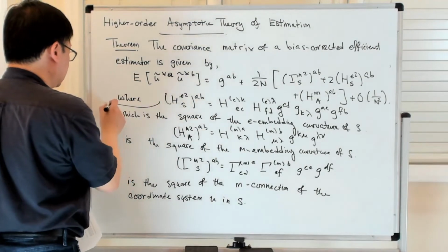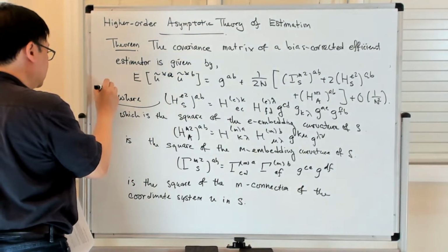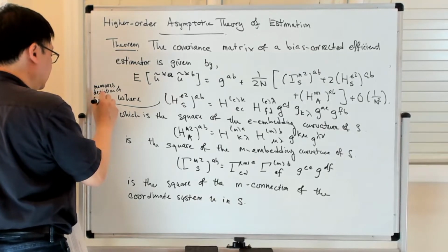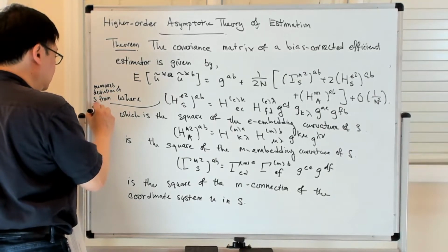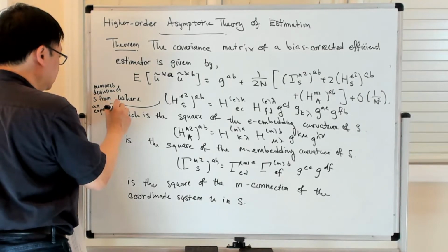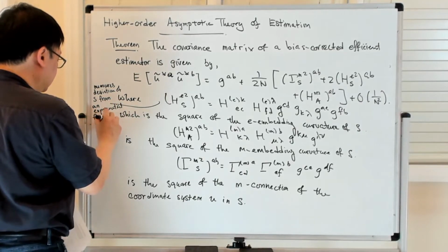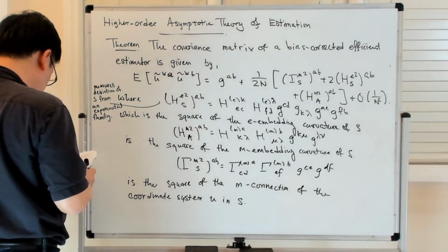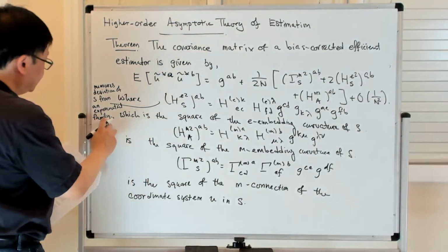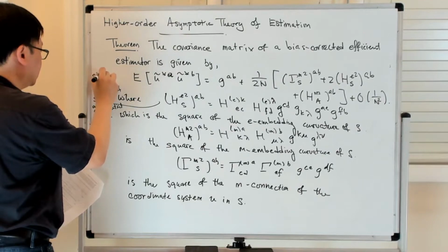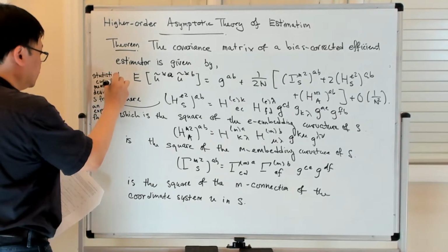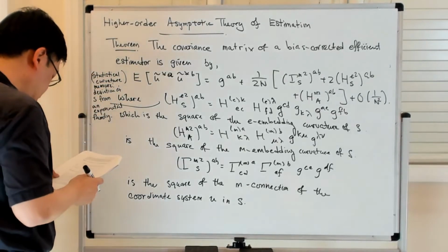So this term measures the deviation of S from an exponential family. Efron refers to this as a statistical curvature.